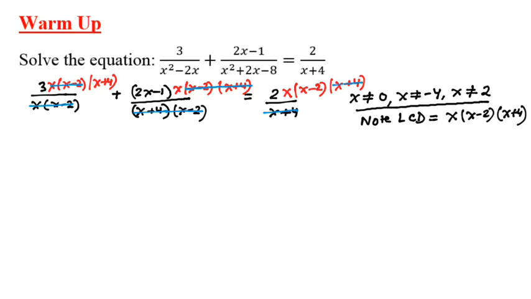So what is remaining is 3 times x plus 4 plus x times 2x minus 1 equal to 2x times x minus 2.